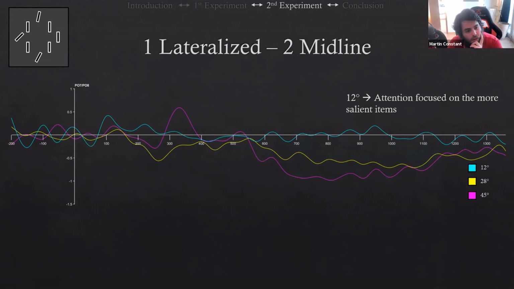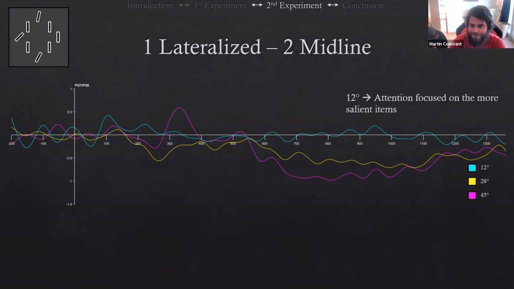Yeah, it could be that the allocation of attention is serial, and then attention would be allocated to the 45-degree very fast, and then it would be immediately suppressed and allocated to the midline after that. That is my going theory. As I said, this is quite early work, so we haven't decided on a story yet, but that's how I would interpret it.